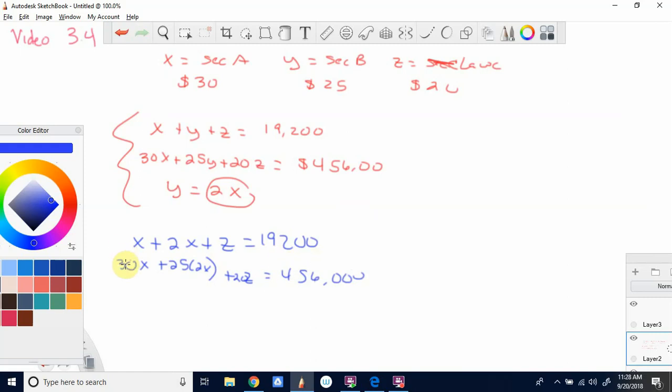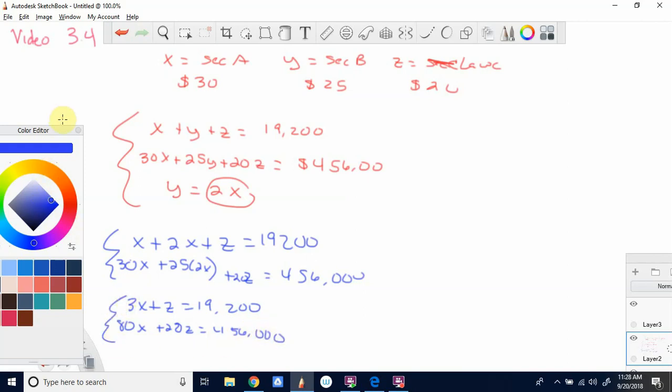When we simplify these, keep your braces because it helps you stay organized. We have 3X plus Z equals 19,200. Then 25 times 2 is 50X plus 30X, we have 80X plus 20Z equals 456,000.